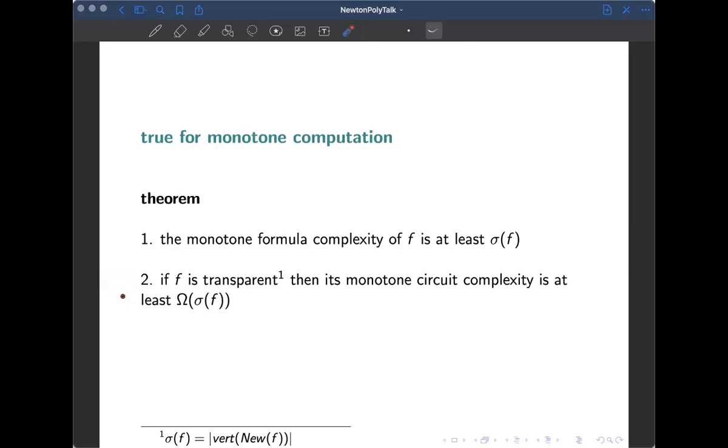So I will not explain the proof, but this is relatively simple, and this is more elaborate. You need to pay more attention to what is going on. And the summary of this is that this tau conjecture is true for monotone computations, which is a good sign for the program.